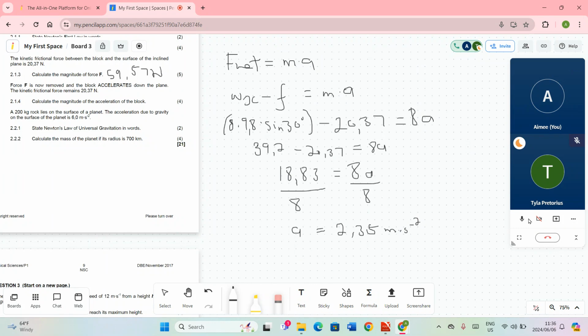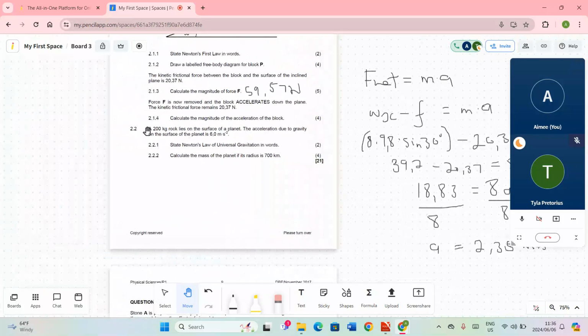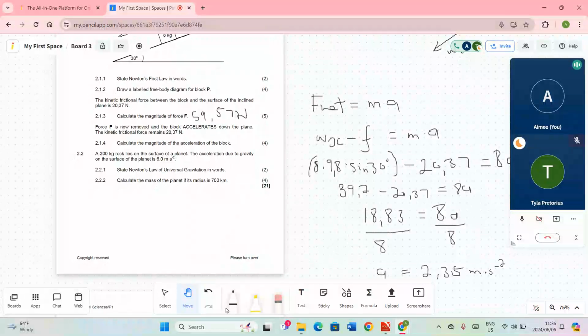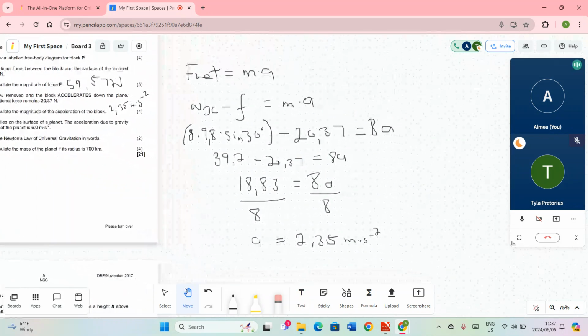Okay, perfect. And that is the answer now to 2.1.4. The acceleration of the block, if it is released and now moves down the slope, is equal to 2.35 meters per second squared. Okay, now again, just give me a sec.